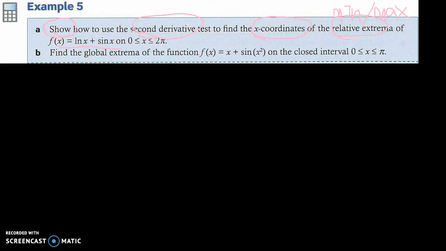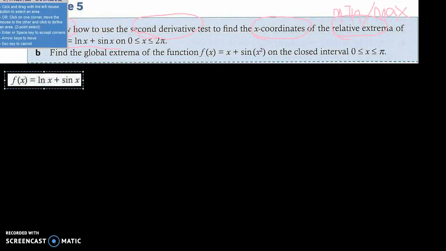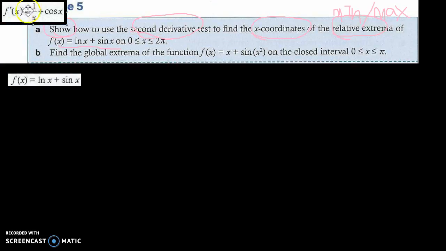In other words, if you think about it, at the minimum point or the maximum point, my slope will be 0, and the first derivative expression is gonna give me slope, right? So I'm gonna find the first derivative, f prime. If I differentiate ln x, I will get 1 over x.